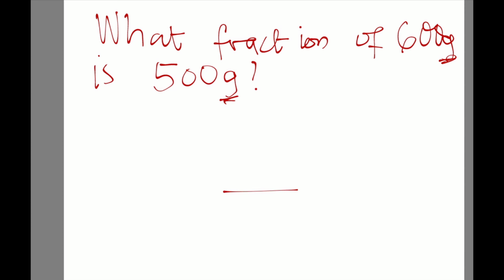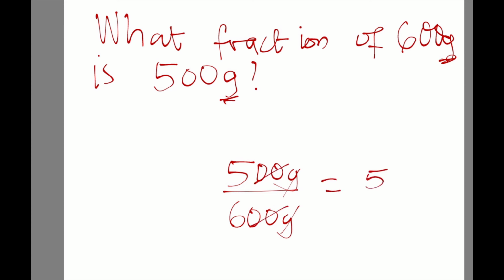So we divide by 600 grams, and then our numerator becomes 500 grams. So grams cancels grams, 2 zeros cancels 2 zeros, we have 5 over 6.